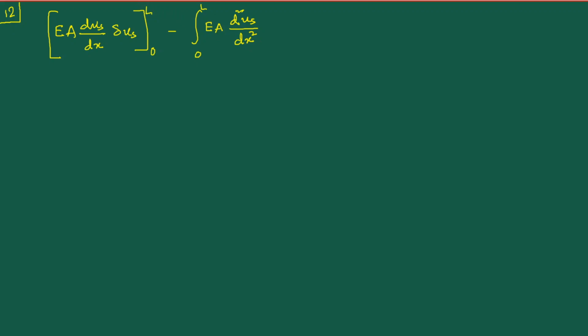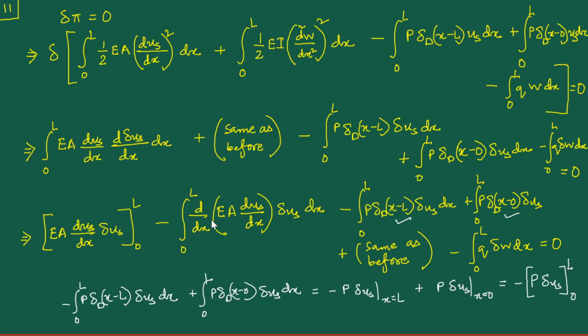Please note that in the previous slide I had this d/dx of EA dus/dx. I'm considering that E and A are independent of x, so that in the next step I'm writing this as EA times d squared us/dx squared.